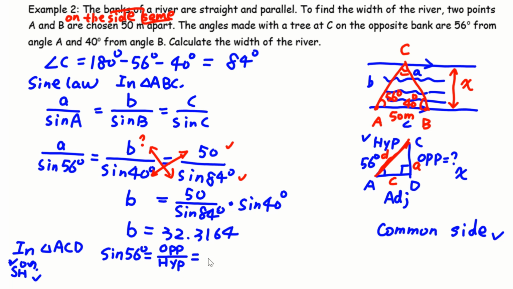Then the opposite is x. The hypotenuse is what we just found, 32.3164. Then we could use cross multiply, so x times 1 equals 32.316 times sine 56 degrees.